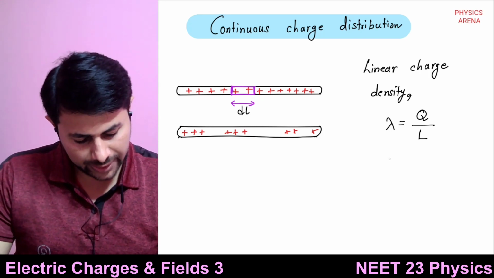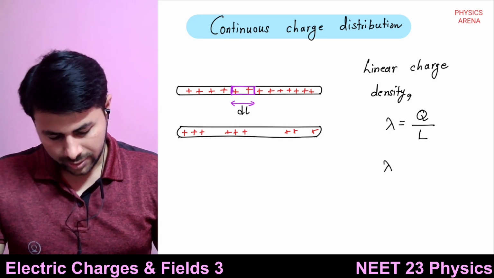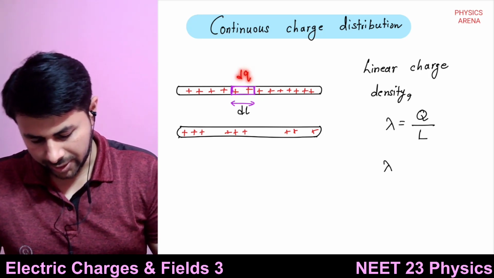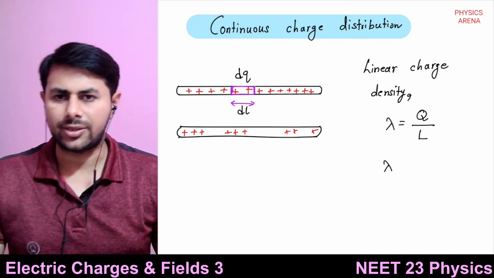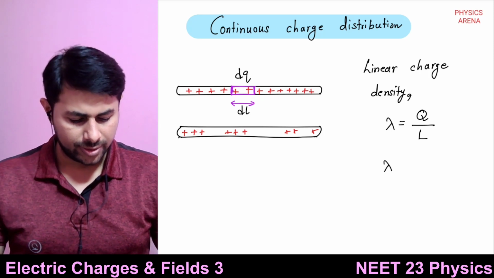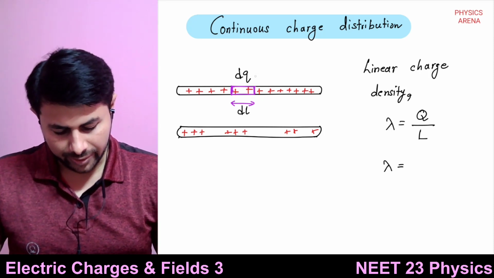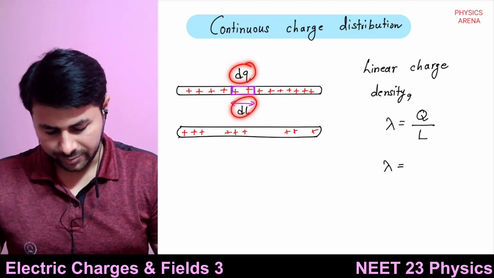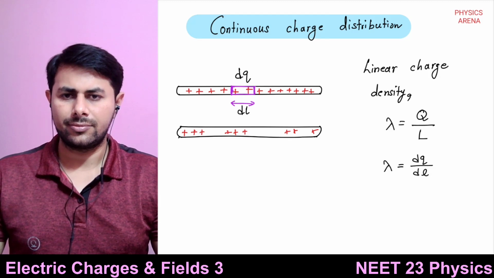Then the charge on this portion is, suppose, dq. Then we can find lambda using dq and dl, as lambda equals dq divided by dl.